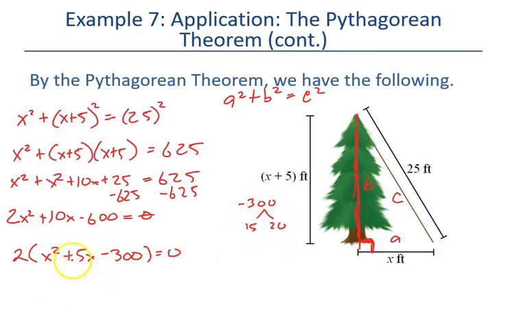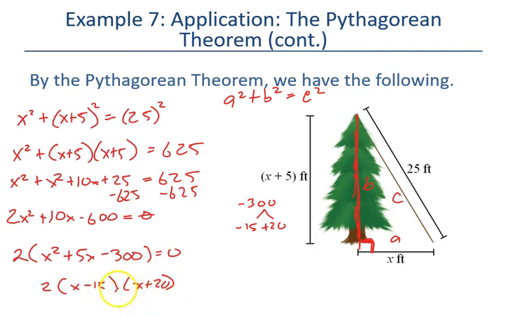But we're creating a positive 5 here, so I want my larger number to be the positive number. So I'll put the positive 20 there and the negative 15, because 20 minus 15 is going to give me the 5. And so this is going to be 2 times (x minus 15) times (x plus 20).